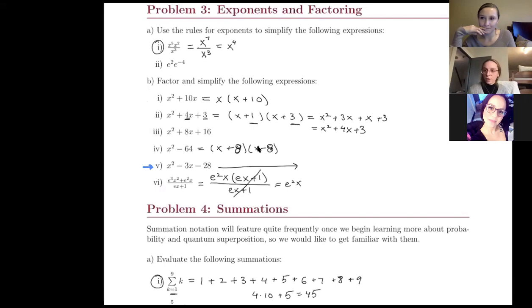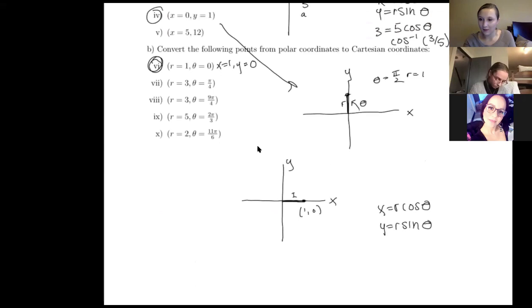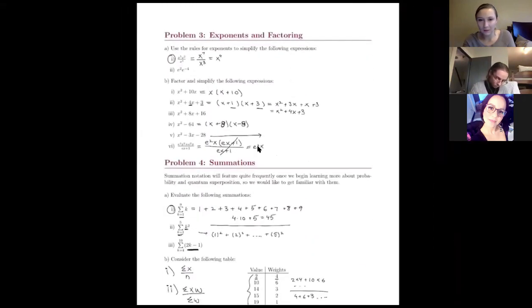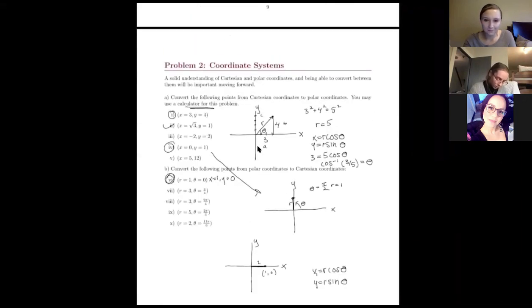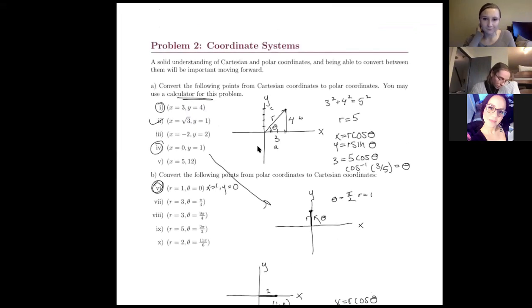Are there any more here, or should we go back to homework 1? Is everyone clear on problems 1 and 2 on homework assignment 2? Someone just asked, how are we supposed to write the polar coordinates? I think this one is just asking you to do it any way.